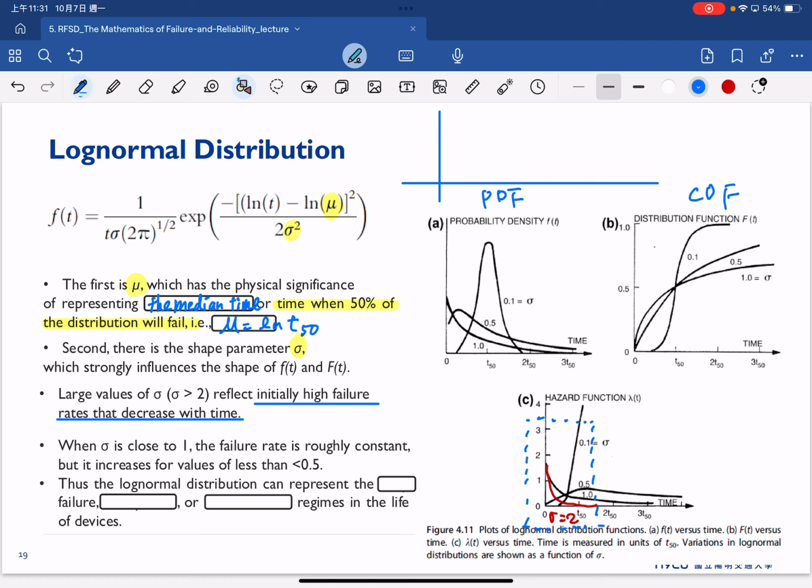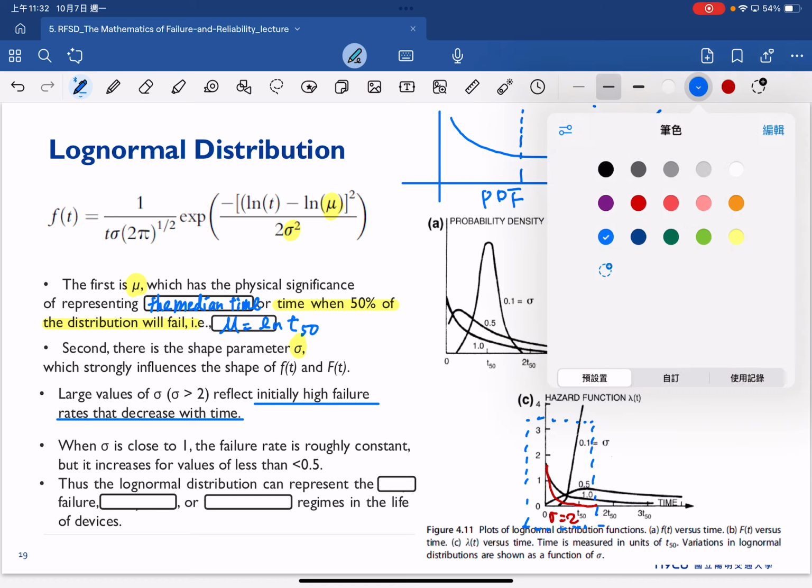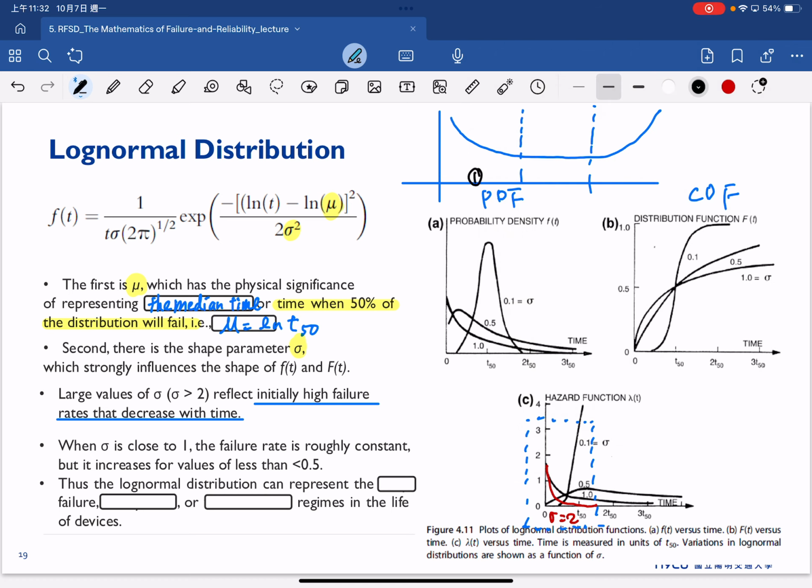We have 3 phases for one human or one product. In general, we can divide it into 3: 1, 2, 3.